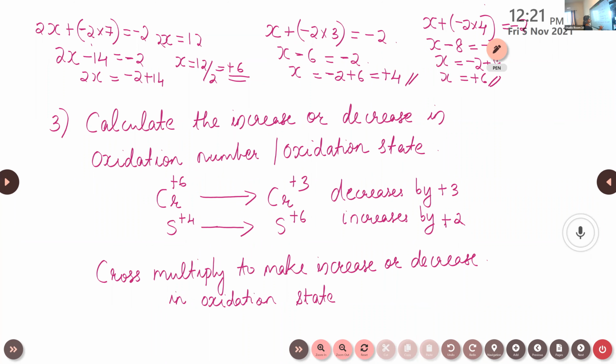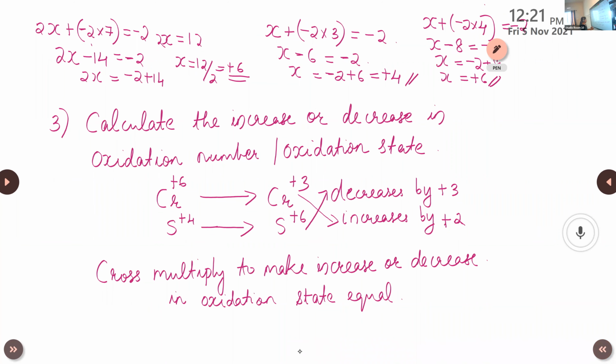We have to cross multiply these values to make both oxidation states equal. That means we have to cross multiply chromium with 2 and sulfur with 3 in the chemical equation.